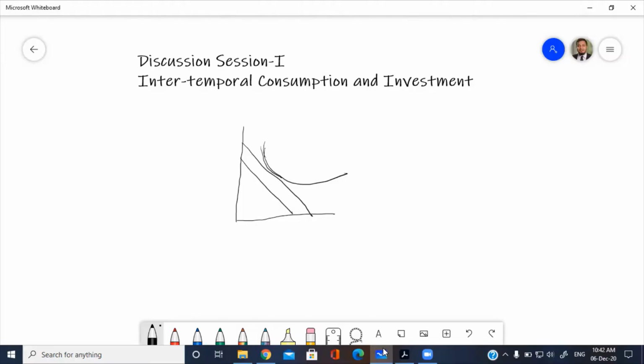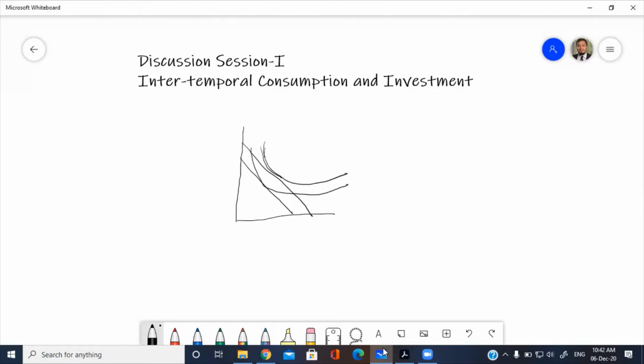Okay, so if the indifference curve is here, you can easily expect that without the project, the current indifference curve should lie in this position, according to the law of indifference curve. Can anyone agree or disagree with this?